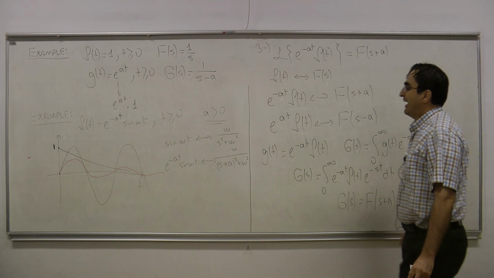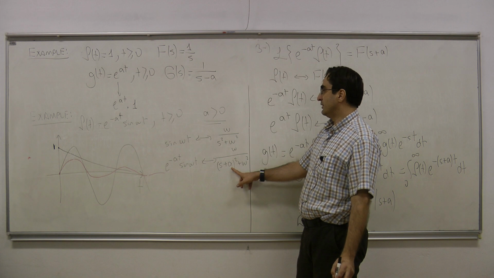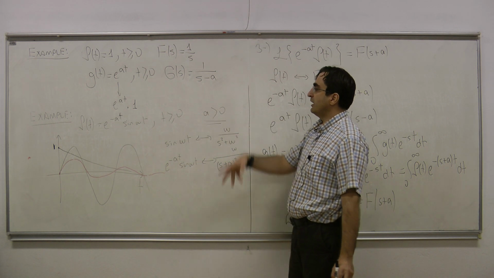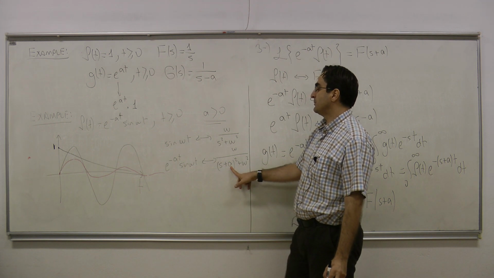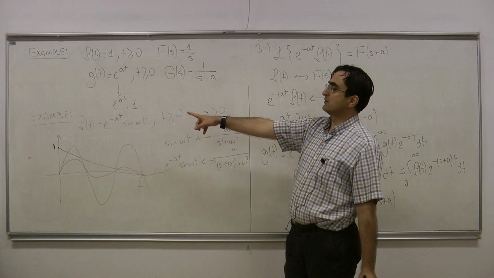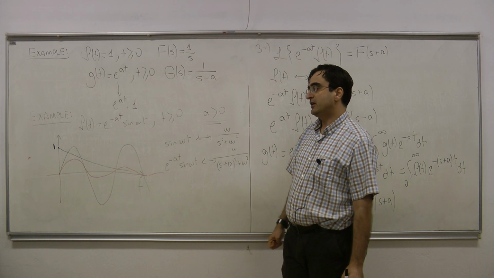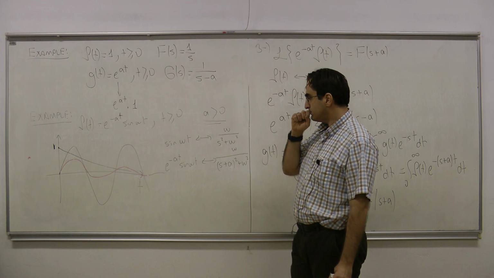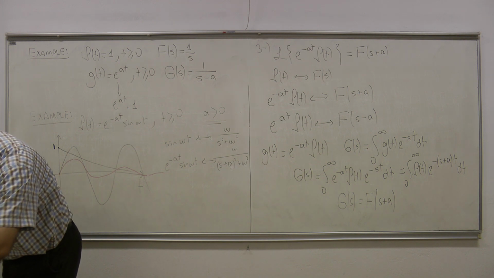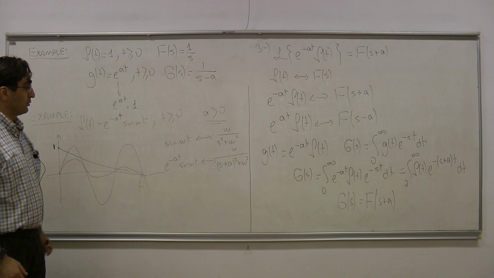So when you add some constant to s, we see that in time domain that looks like a decaying exponential. If I add a positive real constant to s, in time domain it is a multiplicative decaying exponential.